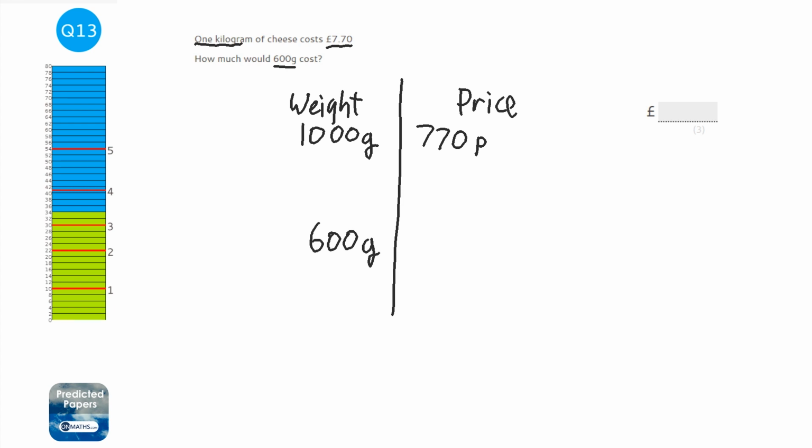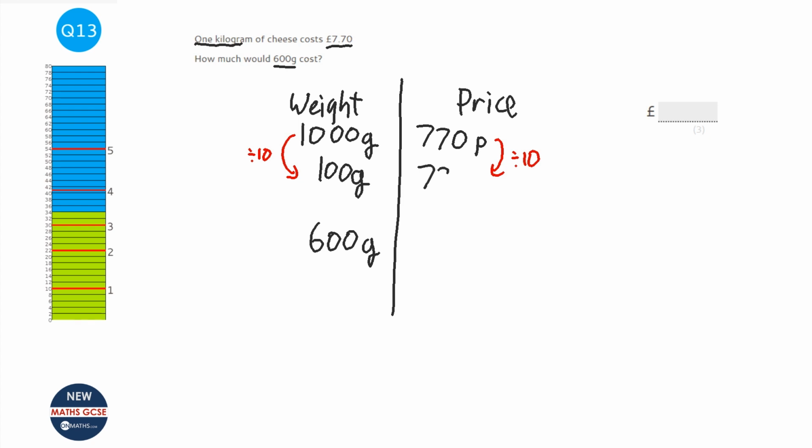Okay, so I need to get to 600 grams. And so first of all, if I've got a calculator, I can do this a lot easier. But without a calculator, let's try. Well, I can first of all divide this by 10 to get it so that it's 100. So that's 100 grams. And that would be 77. And then what I can do is I can times these by 6 to get 600.